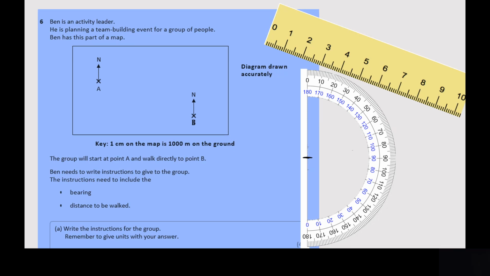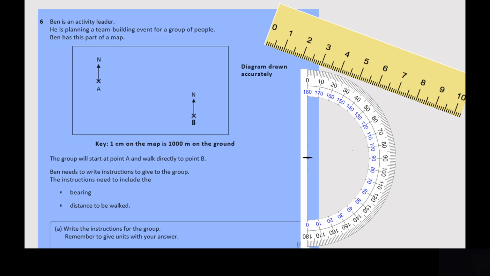The diagram is drawn accurately. The group will start at point A and walk directly to point B. Ben needs to write instructions to give to the group, and the instructions need to include the bearing and the distance to be walked. Your task is to write the instructions for the group. Remember to give units with your answer.